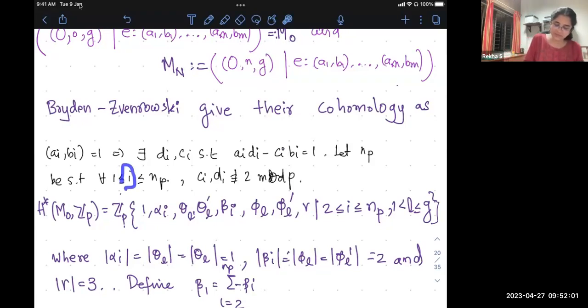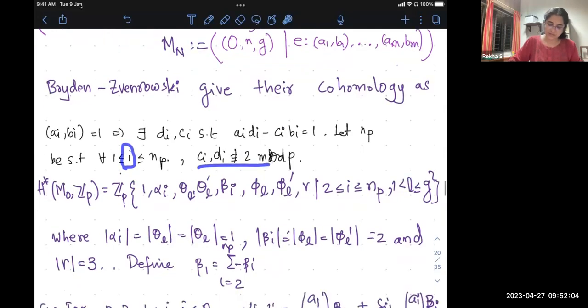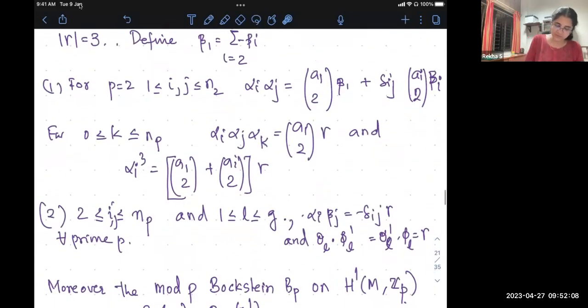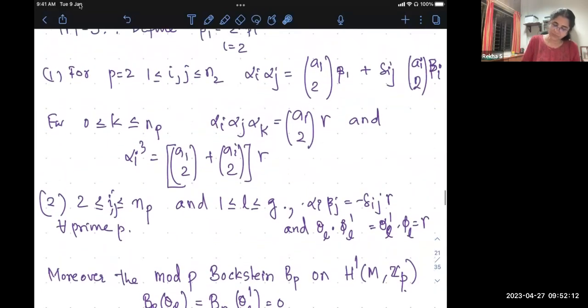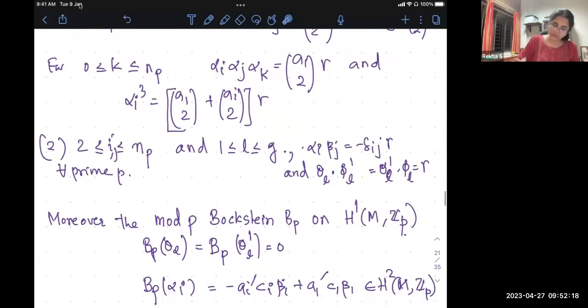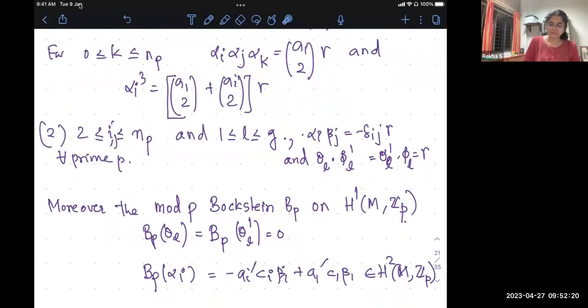These are all the i's for which this is the case. Okay. Then if we assume that n_p is bigger than or equal to 2, then there are further relations between these alpha_i beta_j's, and also one can talk about the mod p Bockstein, how it behaves on these elements.